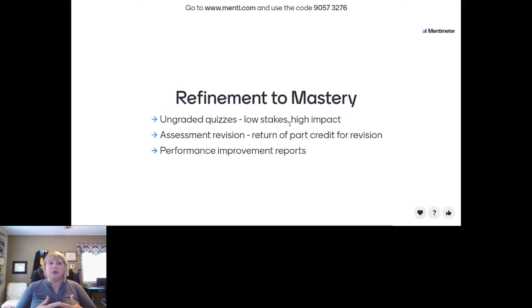And then performance improvement reports. Students who score below a certain threshold in any of my classes are required to attend face-to-face classes. If they can't attend face-to-face classes, we have to find a route for them. I give them a midterm performance improvement report for each of my courses, so they know where they're at and where they're going.